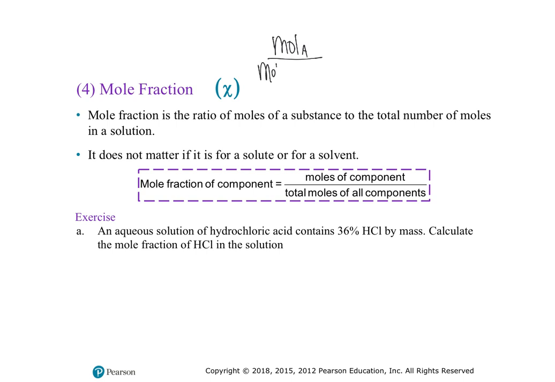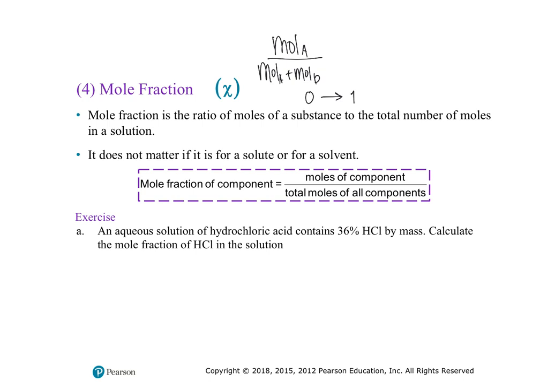So we'll do moles of A plus moles of B. Now we're not going to multiply by 100, so your minimum value is 0 if you don't have any, and then you can go all the way up to a total value of 1 if you don't have a solution and it's just pure components. And then if I want to know how much I have of the other thing, I can just subtract from 1 or solve for it.